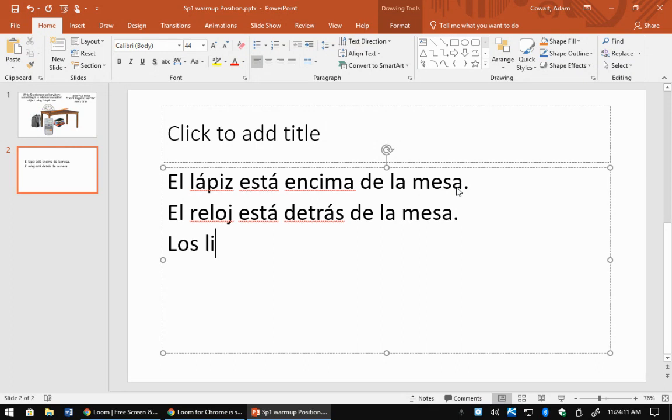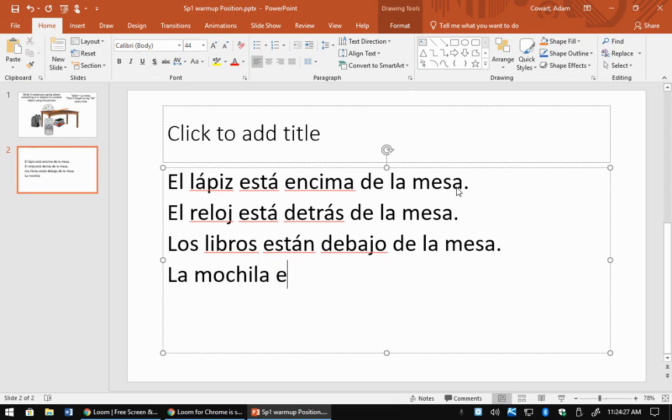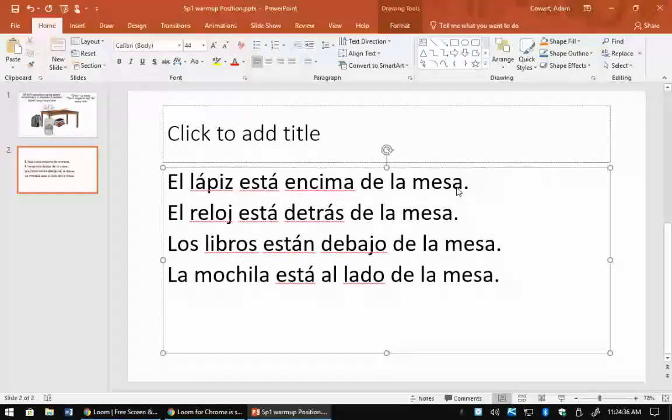All right. Los libros están debajo de la mesa. The books are under the table. Notice that is están because it's they are. Okay. La mochila está al lado de la mesa.